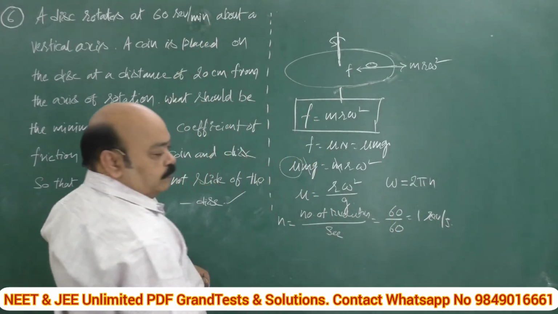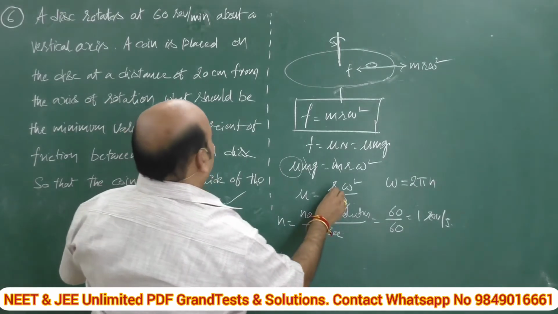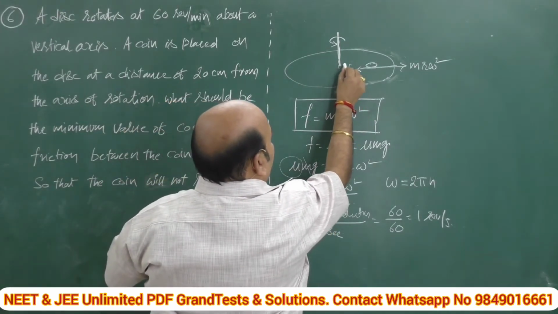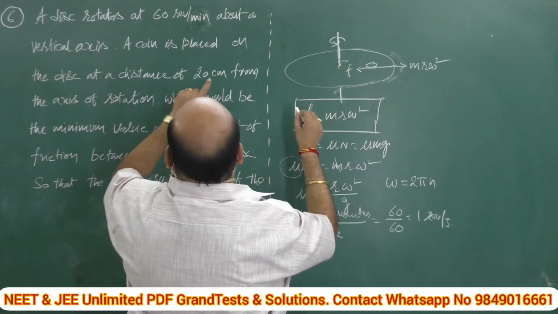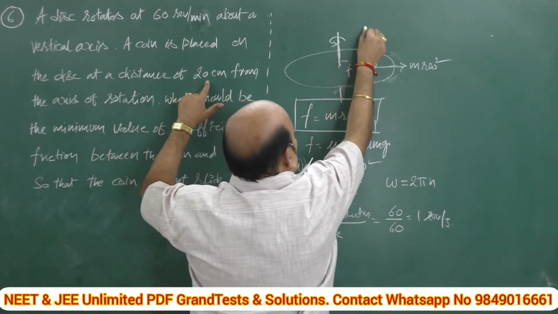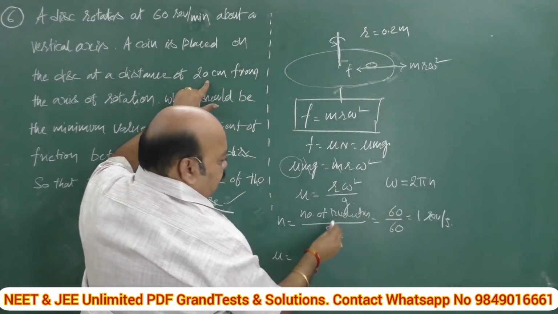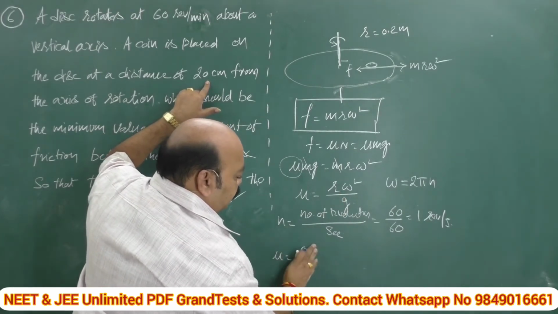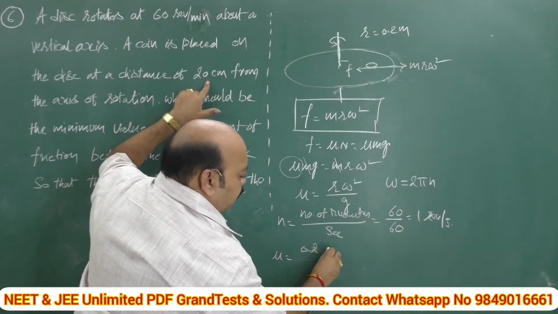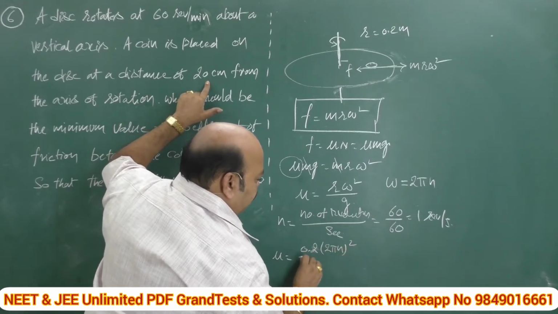Substitute this value. Then coefficient of friction mu is equal to r omega square by g. r means at what distance it is placed from the axis of rotation? It is placed at a distance of 20 centimeter, so r is nothing but 0.2 meter. Simply see, I am substituting its value. r means 0.2 into omega, that is 2 pi n whole square, divided by g.